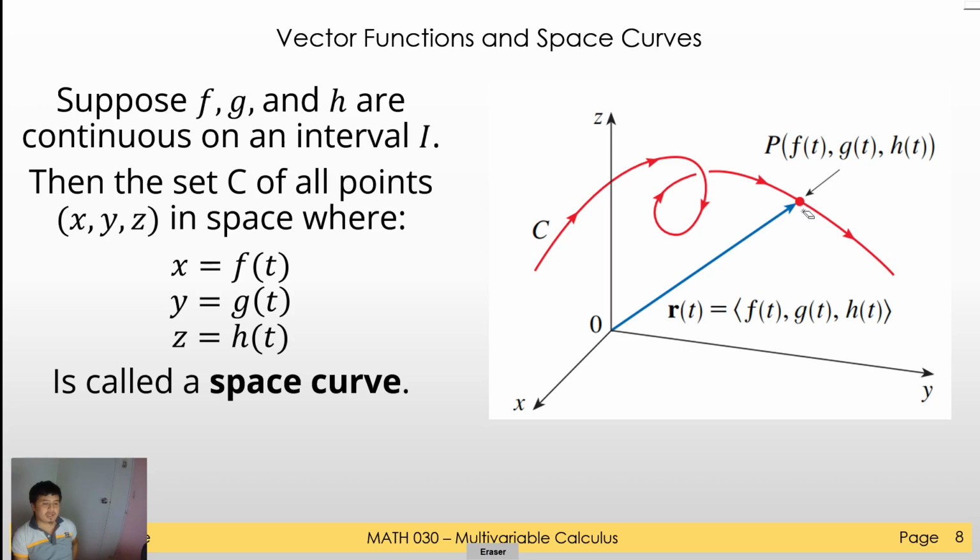If we have a space curve, we can represent it using this vector valued function. To be specific, it is the coordinates of the terminal point of the vector valued function. So instead of a vector, we can write this as points. Depending on your value of t, or your parametric variable, you can plot the space curve.